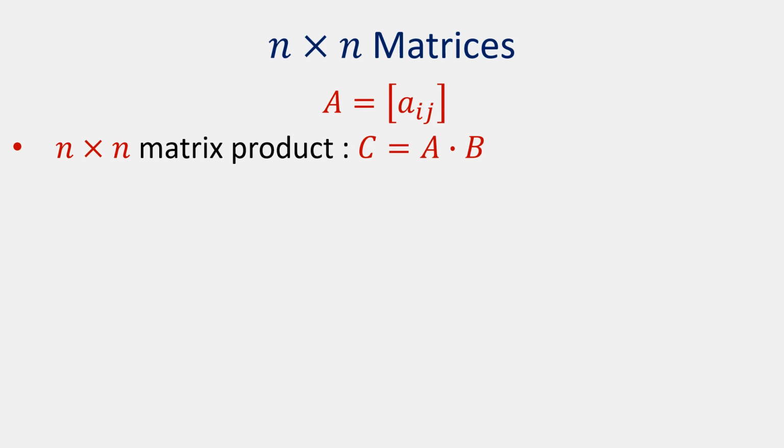For multiplying an n by n matrix by another n by n matrix, we carry out this process of summing over all of the rows in the matrix the result of multiplying the kth entry in the ith row by the kth entry in the jth column.